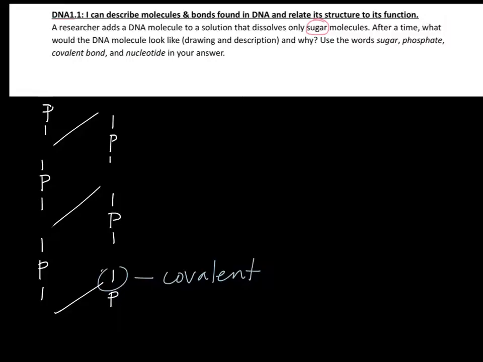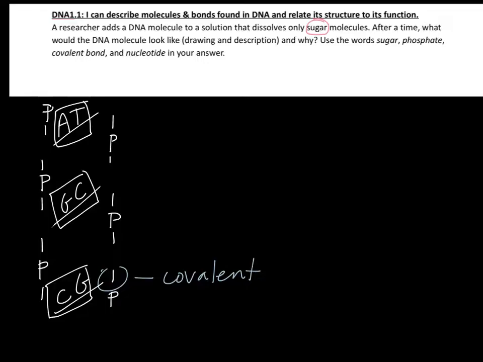Well, that means that our A's and T's, for example, and our G's and C's are still bonded together. Okay, so those hydrogen bonds are still holding the base pairs together, but the base pairs aren't connected to any sugars anymore.